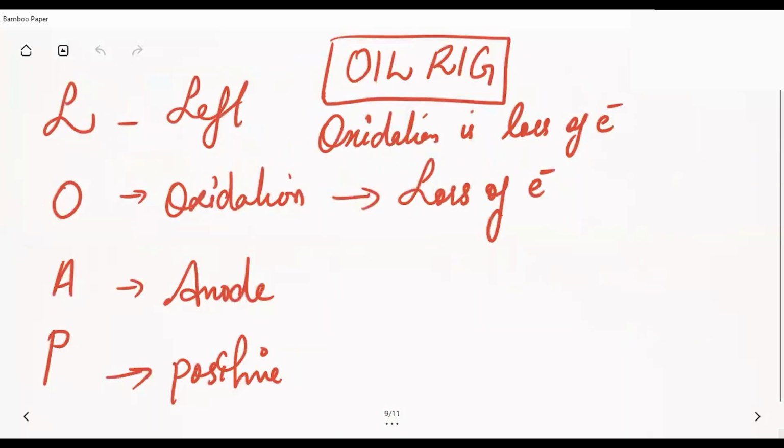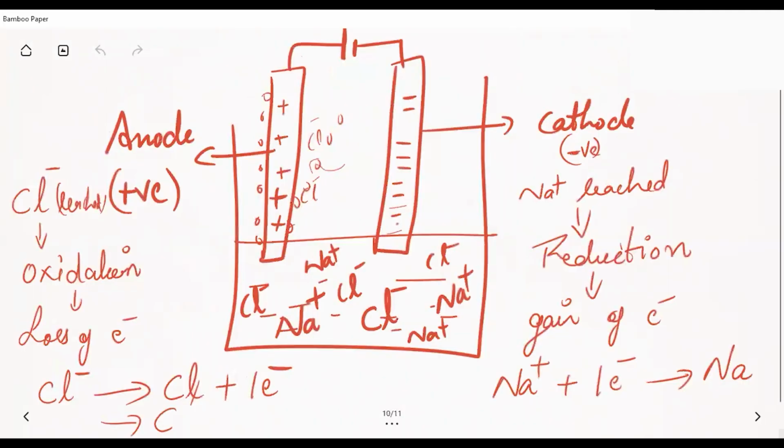And you have to study this word loop: left side oxidation, anode and positive. While studying this, you will understand that on the left side we take the anode. Anode is always positive in electrolytic cells, and at the anode oxidation takes place, and oxidation is loss of electrons.